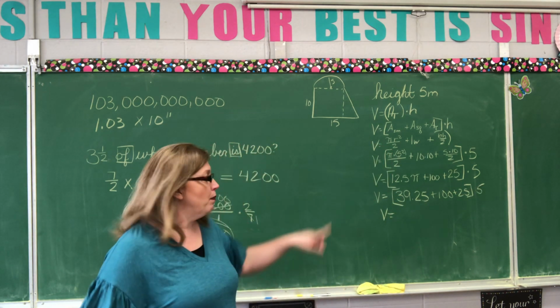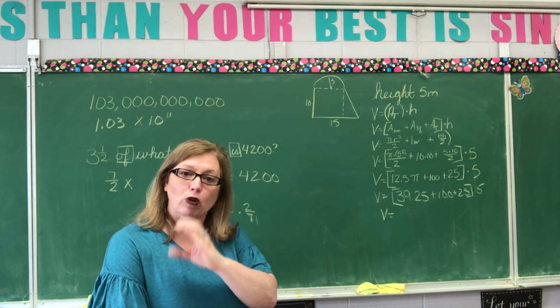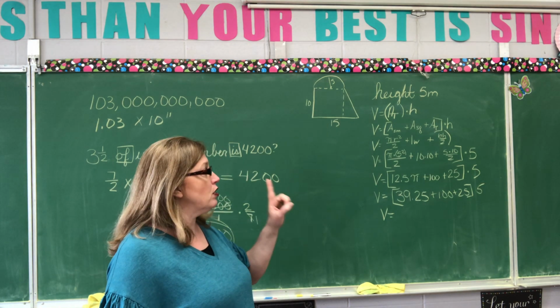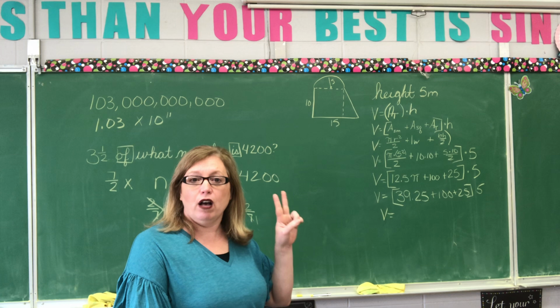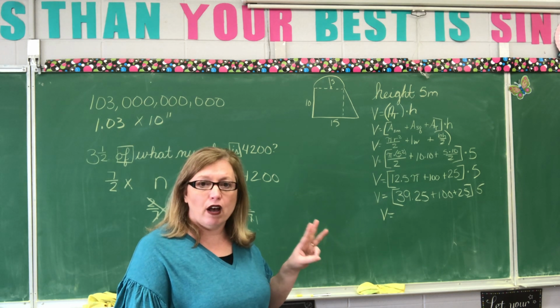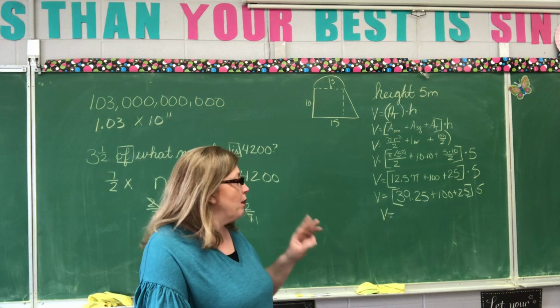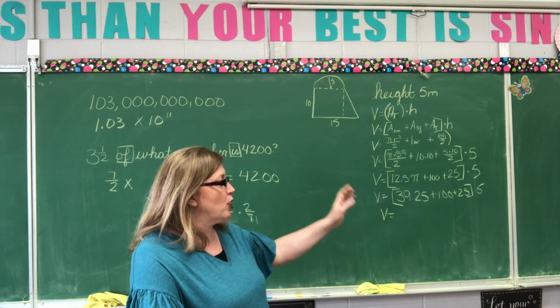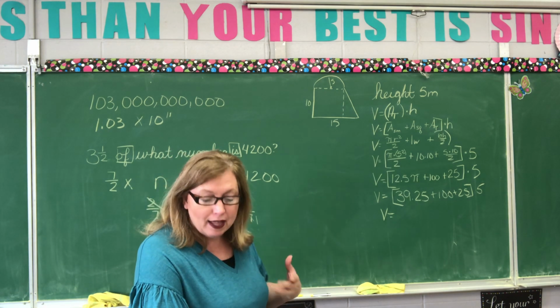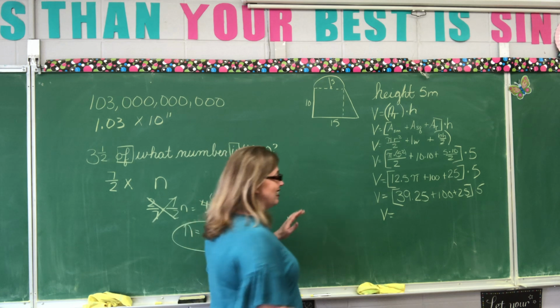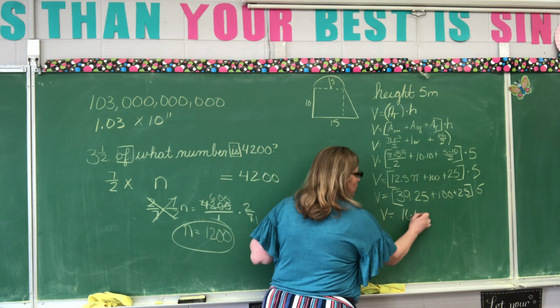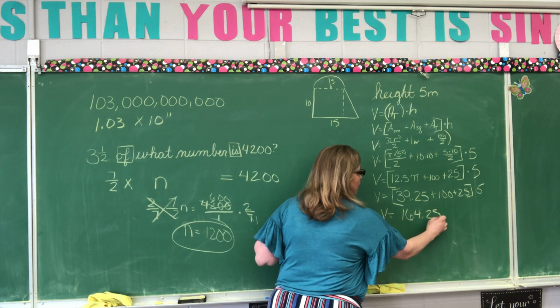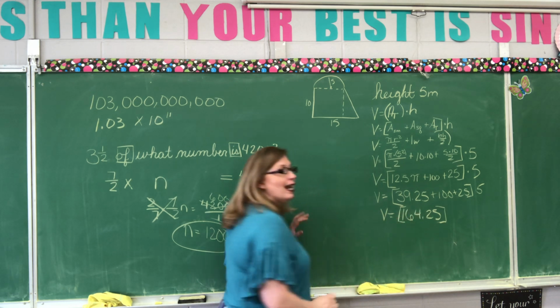When I add my 3 individual areas, the area of the semicircle, the area of the square, and the area of the triangle together, I'm going to say 39.25 plus 100 plus 25. That's going to give me 164.25. What am I going to do with it now?